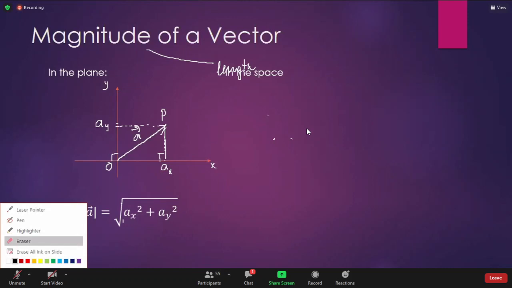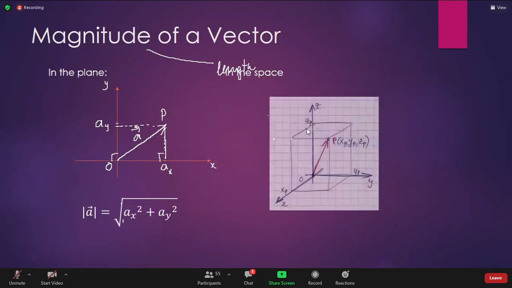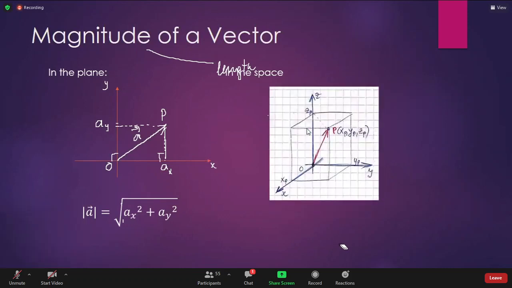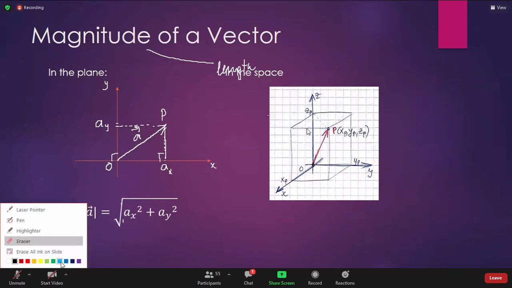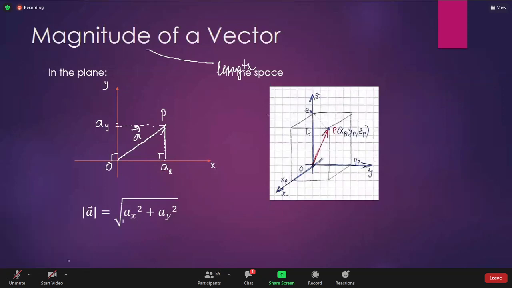In 3 dimensions, this is the previous picture, the first diagram actually, and I can use it to improve things a little bit. So I can say that this is now the AX coordinate, this is the AY coordinate, and this is the AZ coordinate in 3 dimensions. The coordinates of the endpoint are, of course, the same as the coordinates of the vector.